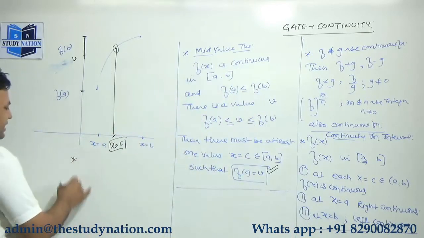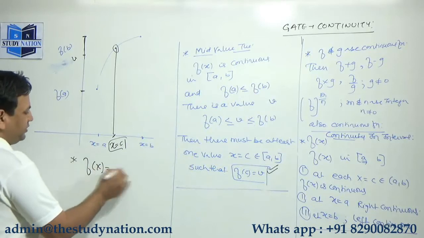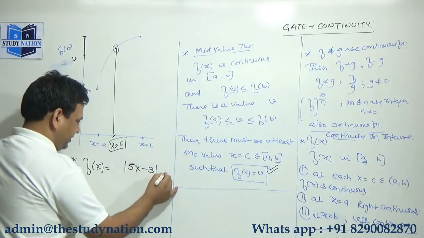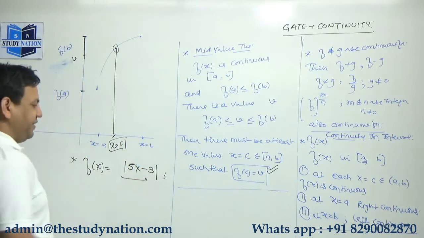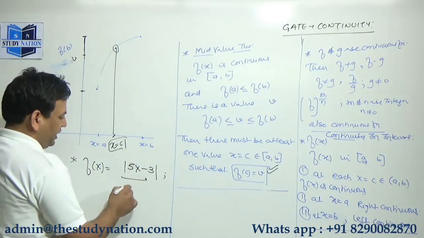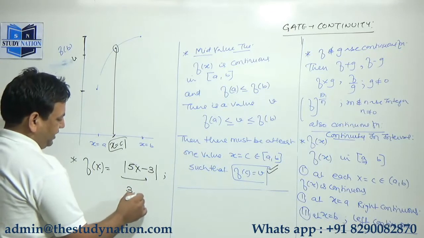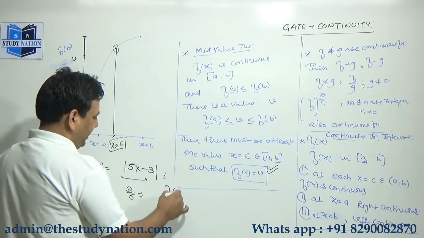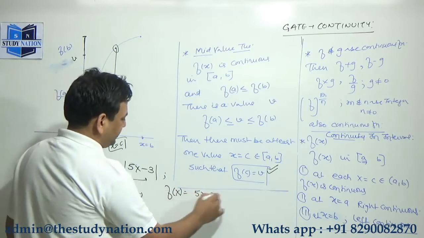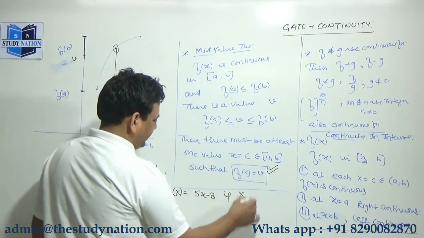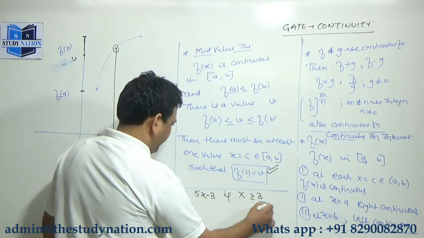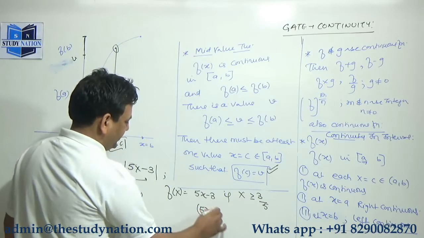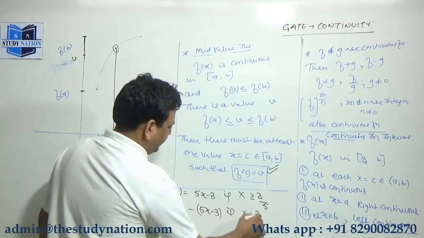Now, suppose I have to check f(x) is equal to mod of 5x minus 3. This function is defined everywhere, but we have to check only at 3 by 5, because at 3 by 5 it changes its definition. So f(x) is equal to 5x minus 3 if x is greater than or equal to 3 by 5, and minus of (5x minus 3) if x is less than 3 by 5.